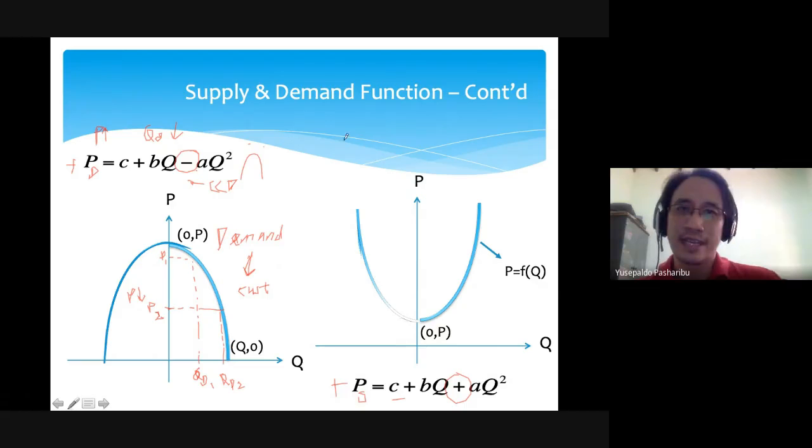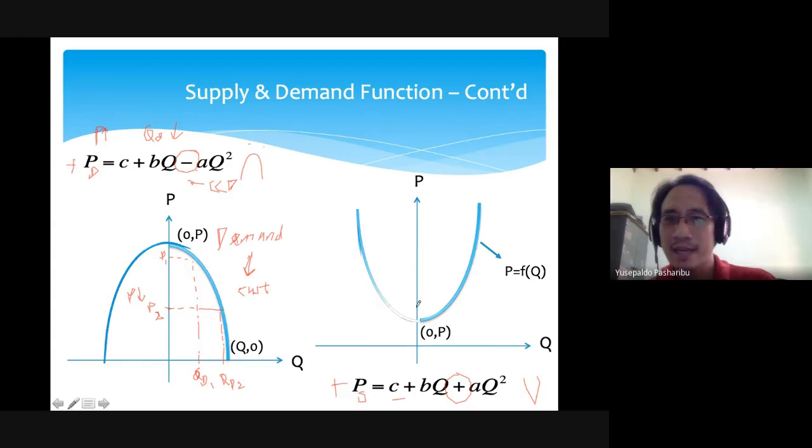On the other hand, if we have P equals C plus BQ plus AQ squared, the sign of A is plus, then it will be a smile or U-shaped vertical parabola. See this one? Because the sign is just the same, price plus, quantity plus, so this is supply.